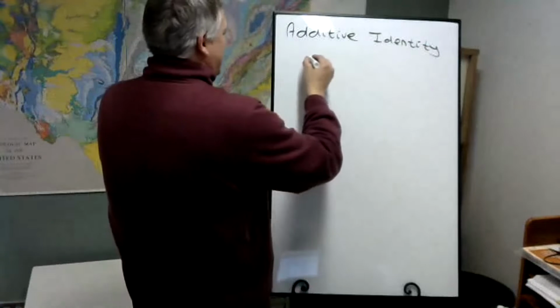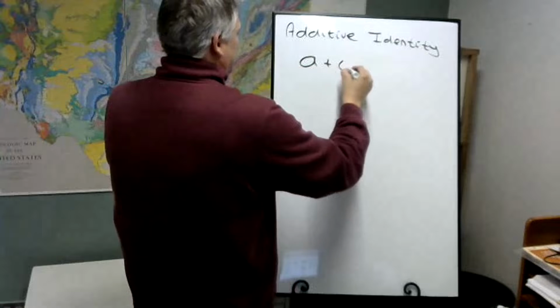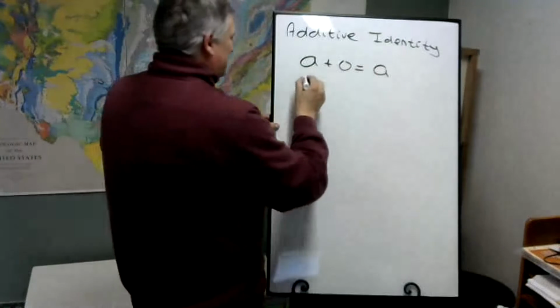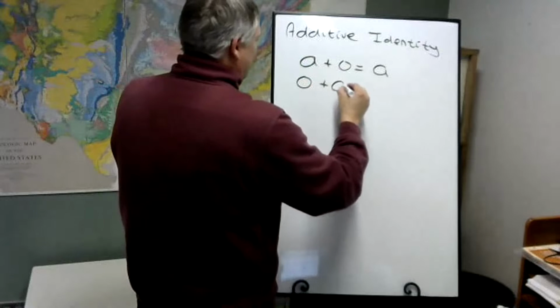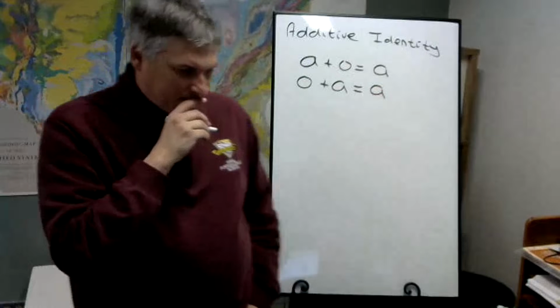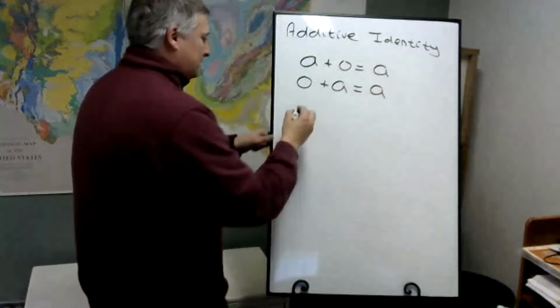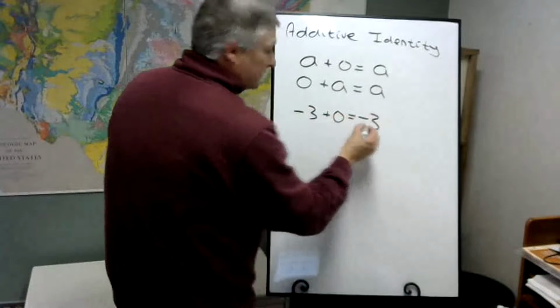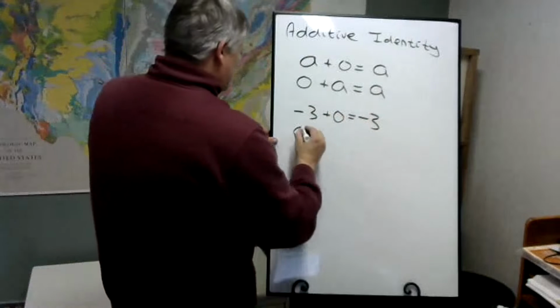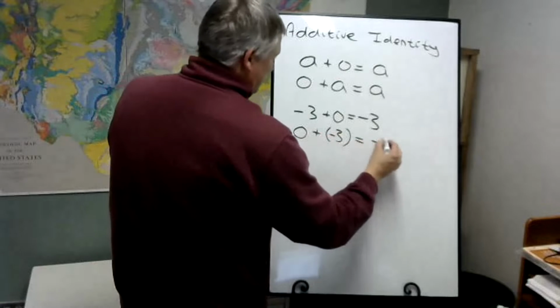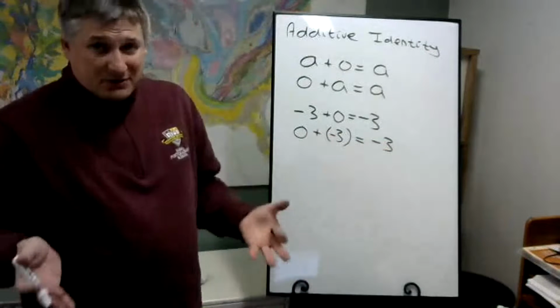So for the number a plus 0, you're going to get a. And again, the order doesn't matter. 0 plus a, you get a. So, for example, if you take negative 3 plus 0, you're going to get negative 3. Or if you had 0 plus negative 3, you get negative 3 also. Again, adding 0 doesn't change anything.